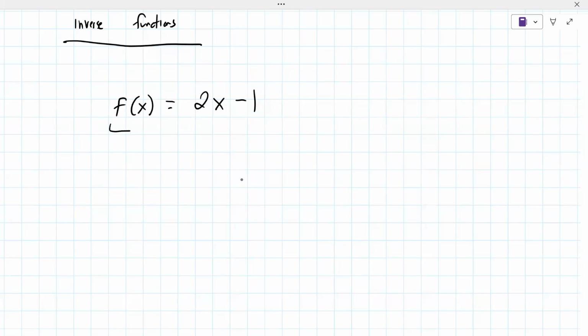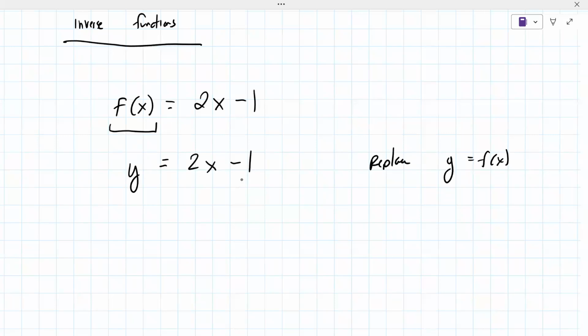So instead of f of x, you're going to replace f of x with y. Okay. Next, you're going to switch x and y.